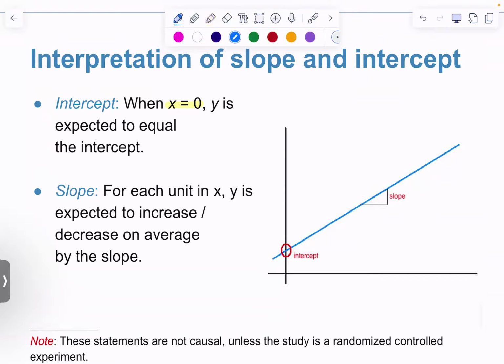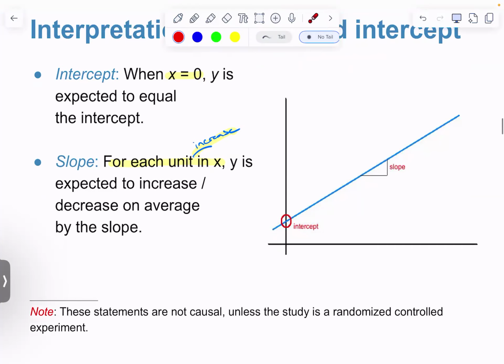And she's missing a key term here. For each unit increase in x, which again is that thing that I said I would be latching onto, y is expected to increase or decrease on average by the slope. I think I like my way.